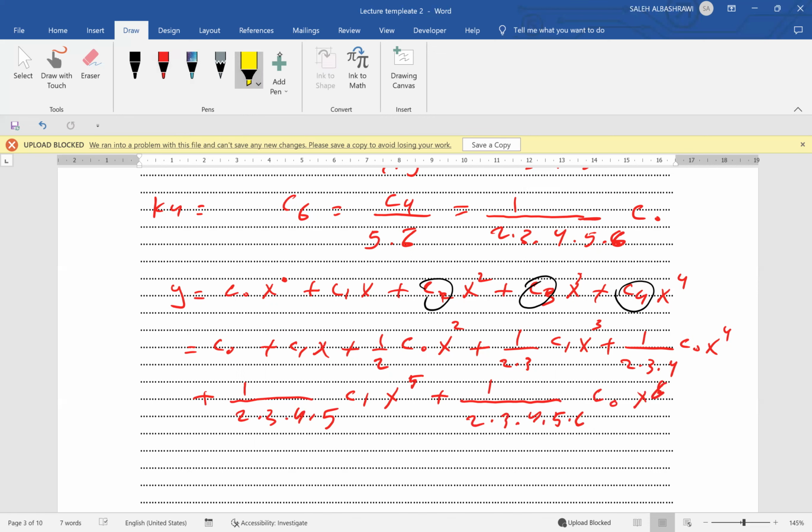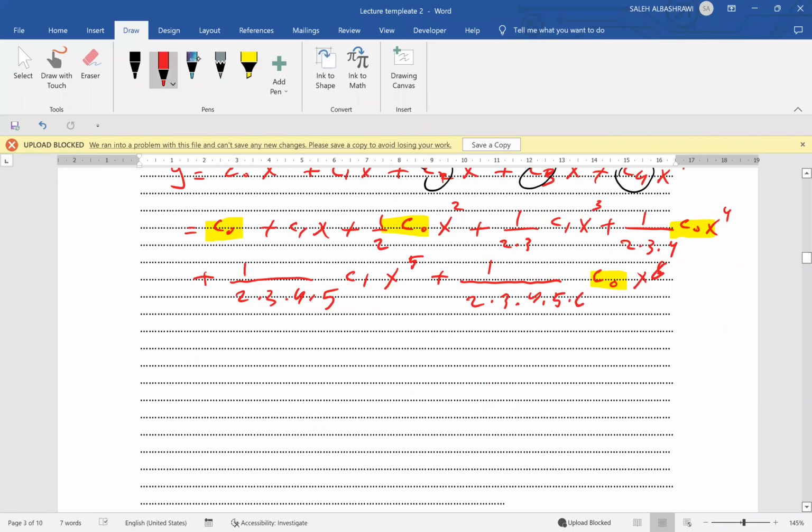So if you think about this, I have C0 there, and another C0. If we take C0 as a common factor, I will have two series. We can say that y1 equal to C0 multiplied by 1 plus 1 half x squared plus 1 over 2 times 3 times 4 x to the power 4 plus 1 over 2 times 3 times 4 times 5 times 6 x to the power 6.